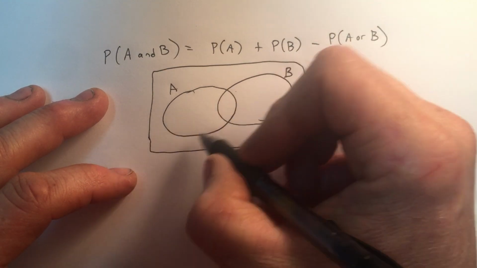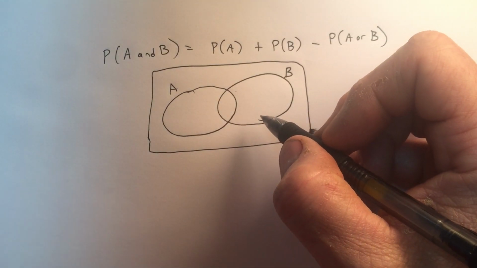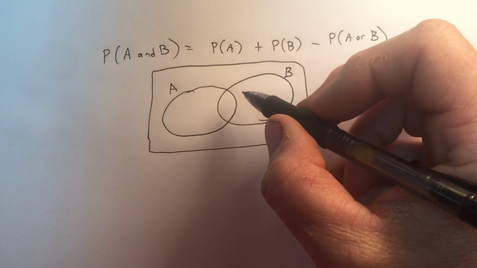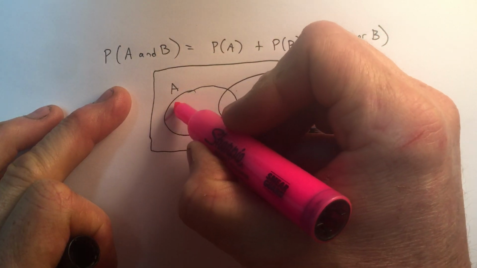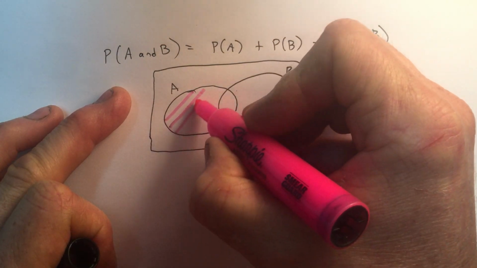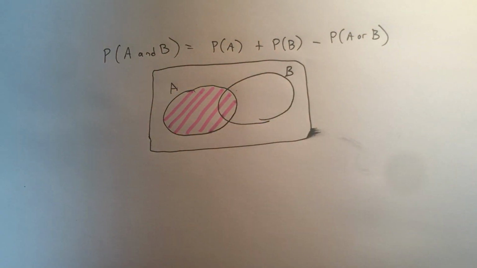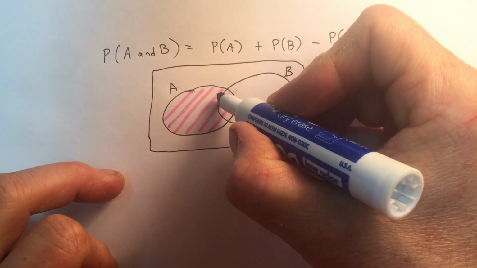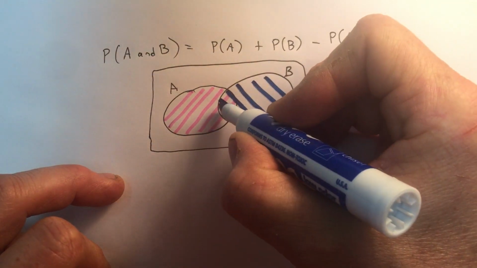And then B could be the probability of someone that has the coronavirus, maybe. And so to help understand this, if I was to shade this one, this is the probability that someone selected is a woman. And then shade this one. This is the probability that someone has the coronavirus.